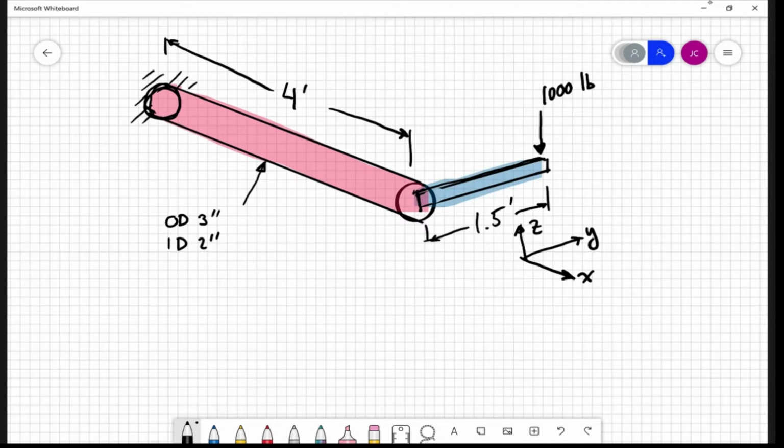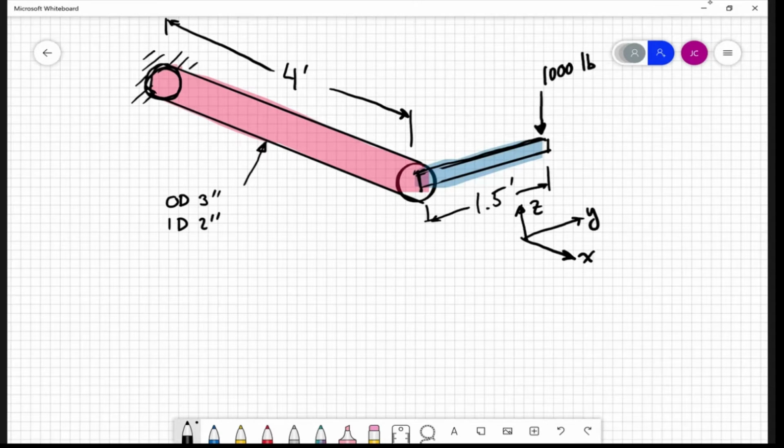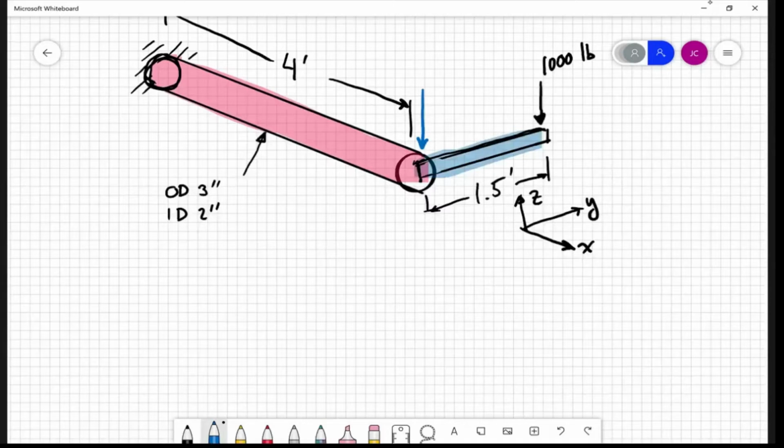All right. This is a very classic, pretty straightforward combined loading problem. You have the 1,000 pound force, right? So if we were to take that and relocate it right here into the middle, I'm going to use blue for that, we would have 1,000 pounds acting down, but also we would have to add the moment arm that comes about from the fact that the 1,000 pounds acts at that 1.5 feet moment arm.